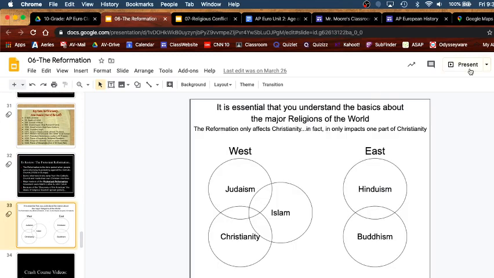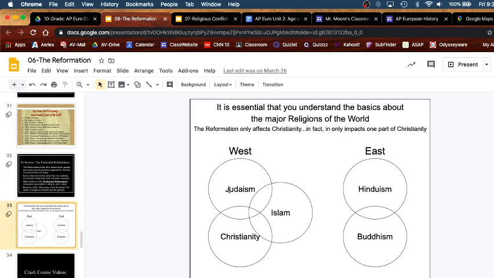And so one last thing that I'd like to point out before we get back to the study guide is showing you the interconnectedness of some of the major religions of the world. In Western civilization, and that's what this class focuses on, Judaism is one religion by itself.